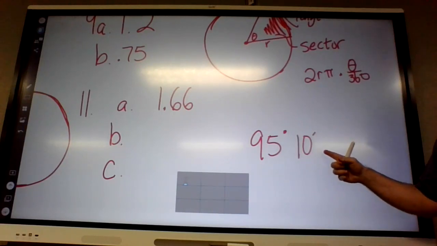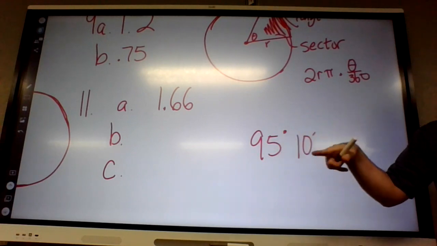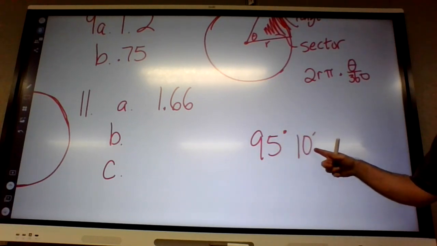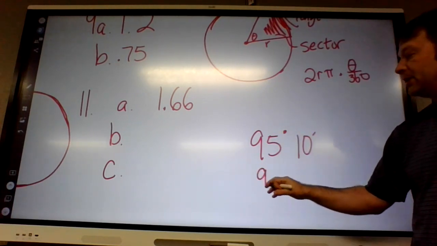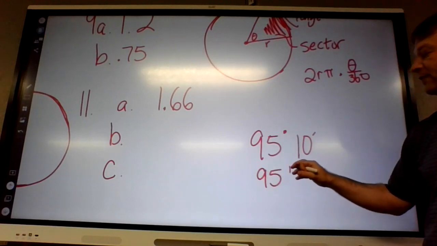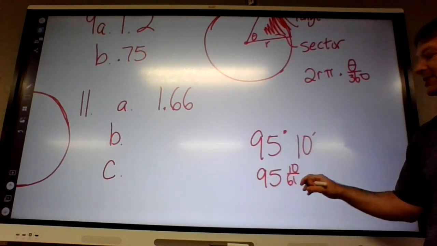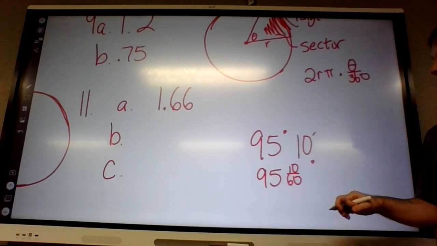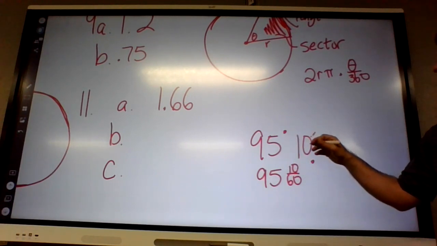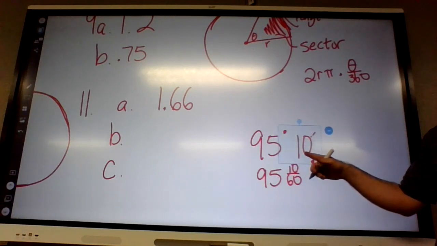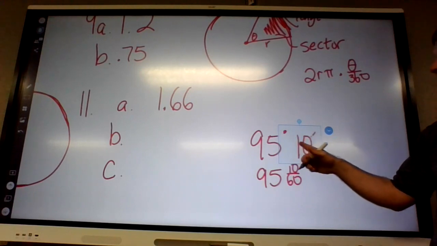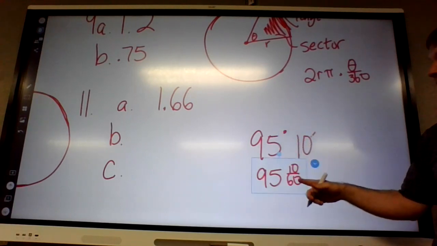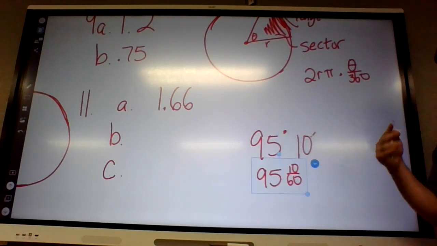It's 1/60th of a degree, just like a minute's 1/60th of an hour. So this is like 95 and 10/60ths of a degree. Okay, so this 10, they're called minutes, it's a fraction of a degree. It's 10 out of 60 of a degree, like 1/6.